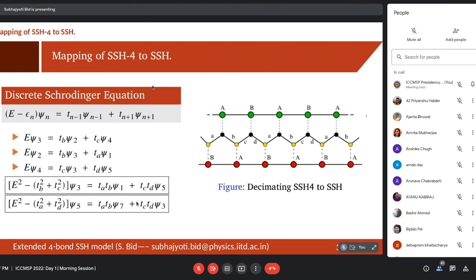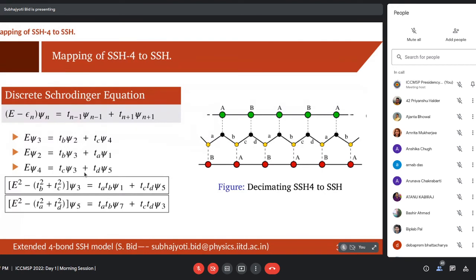There was E in the denominator, which is cancelled from all these. I didn't show you the steps, that's why you are confused. But there was 1 by E everywhere, and I have cancelled it. That's why I cannot comment anything about E equal to 0. That is the only approximation that is done. Nothing else. But the question is intact. So I don't lose any physics out of it.